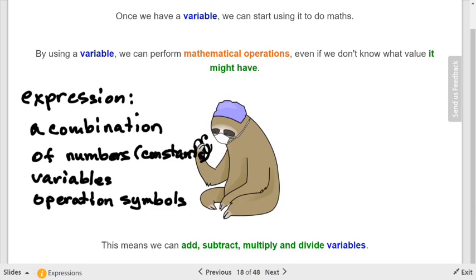Okay? What they do not have is an equal symbol. And you can call it an equal sign if you like, but in reality it's a symbol.